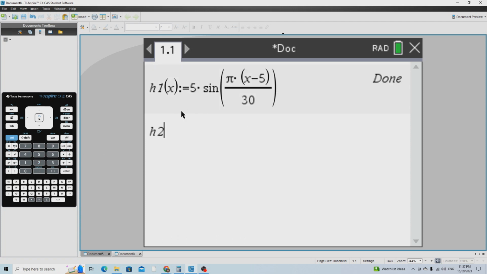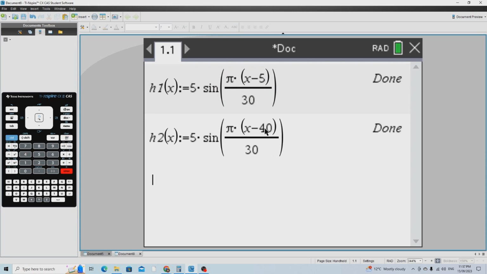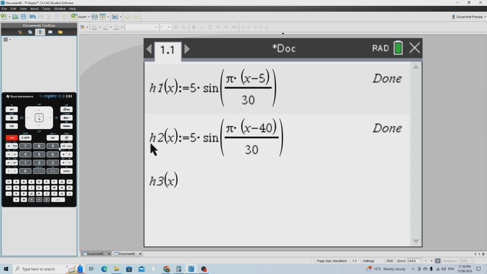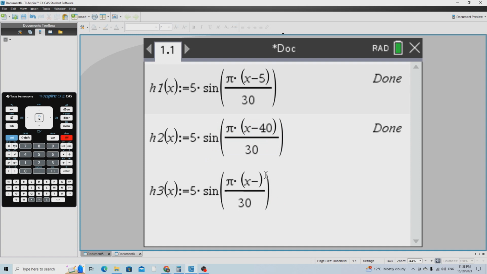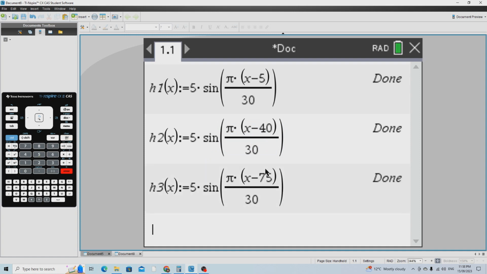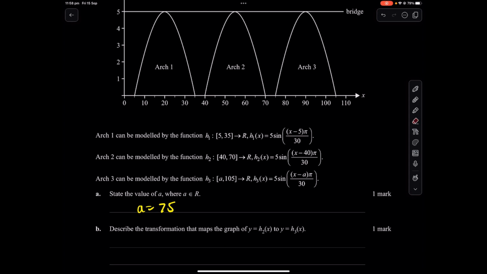So h2 of x is defined as, copy this whole thing, the difference is just this value is 40. So h3 of x is defined as, copy the same thing, but this now is 75. Done. So we have all these.